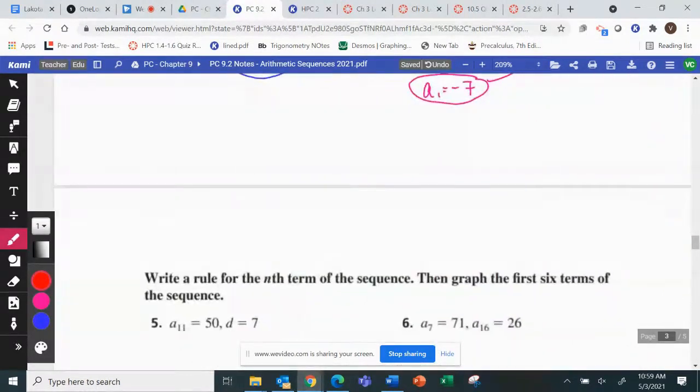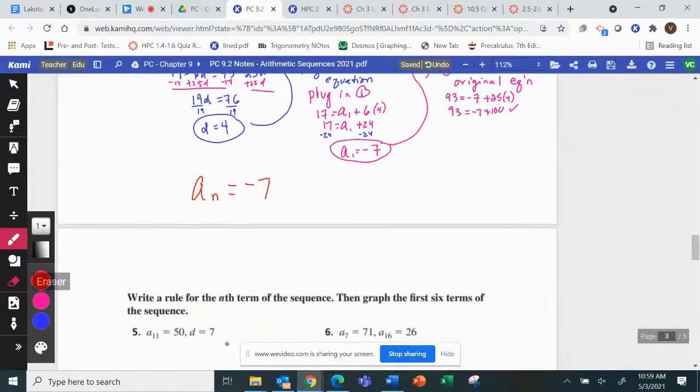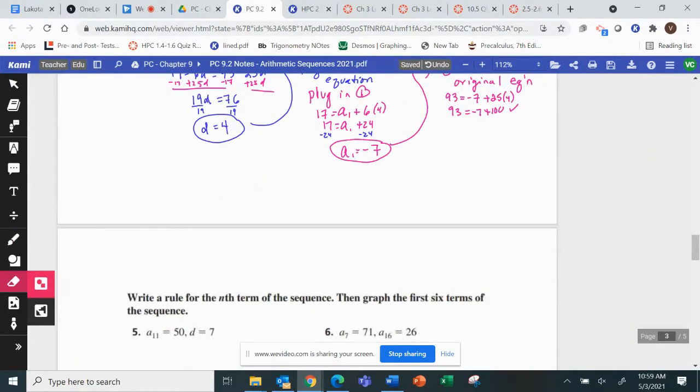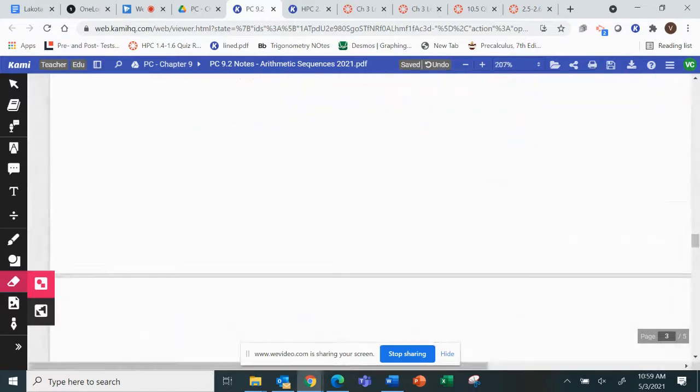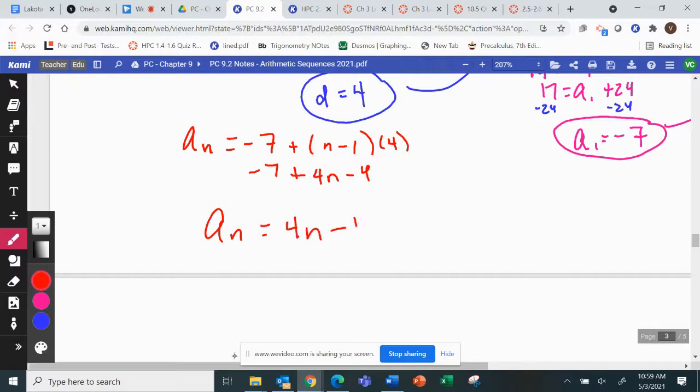Our nth term would be negative, oh, nope, that's not our final nth term. I'm going to write it smaller and then solve it. So our final nth term would be 4n minus 11.